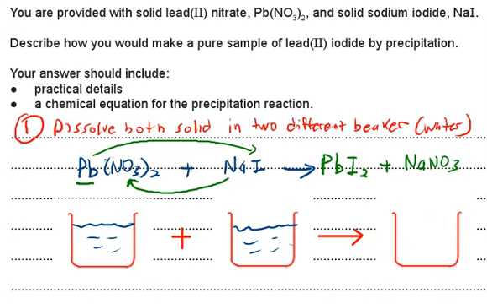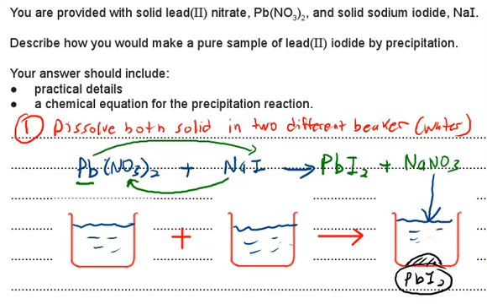So in this beaker, the final result, you will have a solution, and we will have a precipitate, which is plumbum iodide.